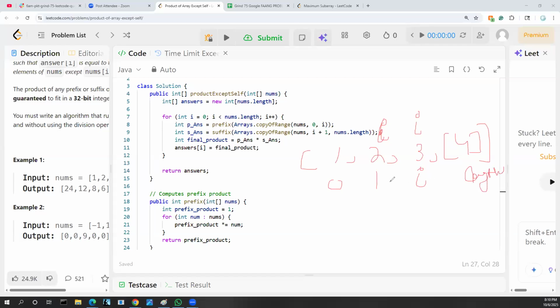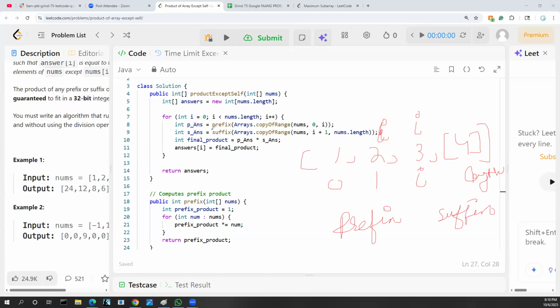So I've established a relationship between I and the 0, resulting in the prefix, and I to the length of the array, I'm getting the suffix. Got it? Okay.